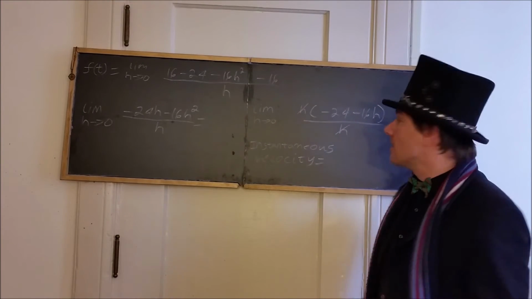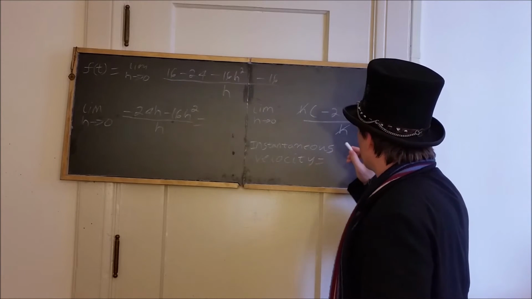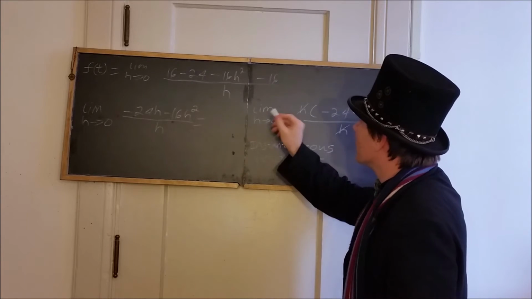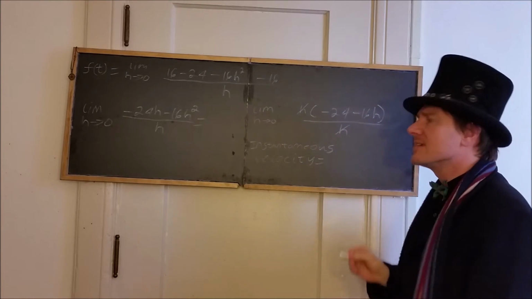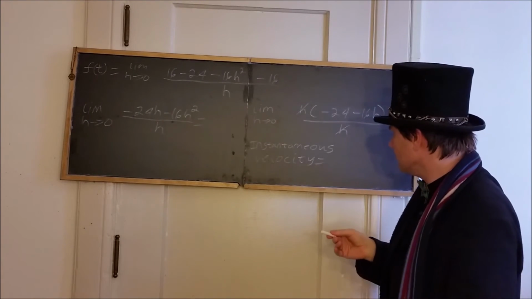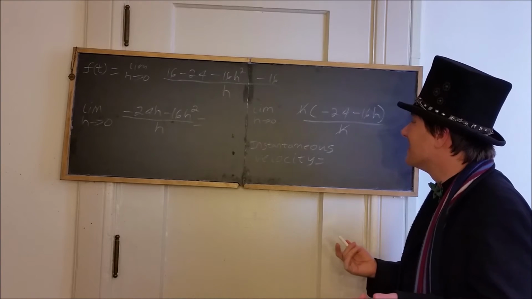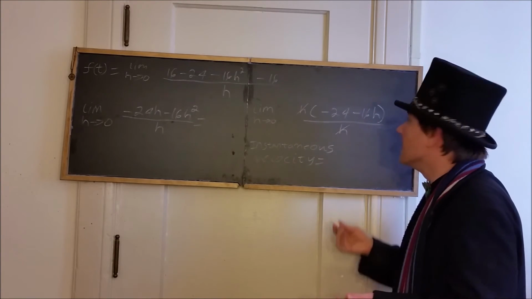So now we're left with the limit as h approaches 0 of negative 24 minus 16h. And what we can do here is something like plugging a 0 into the h.